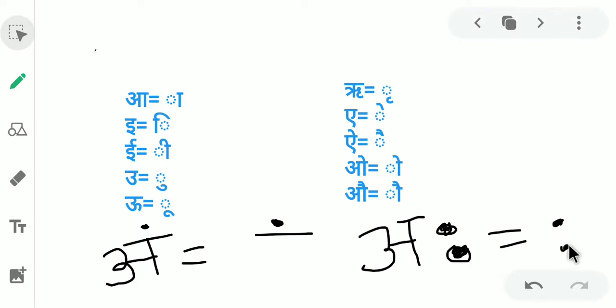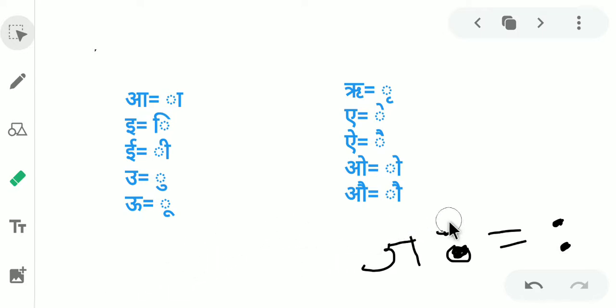So we rarely use these terms, so I had never written that. Then this is a sign of ang, and this is a sign of ah. Okay, let me erase these terms.